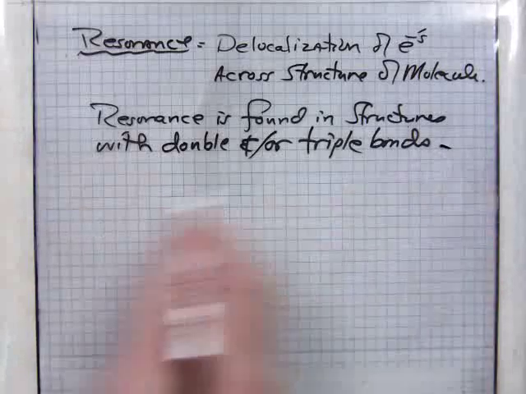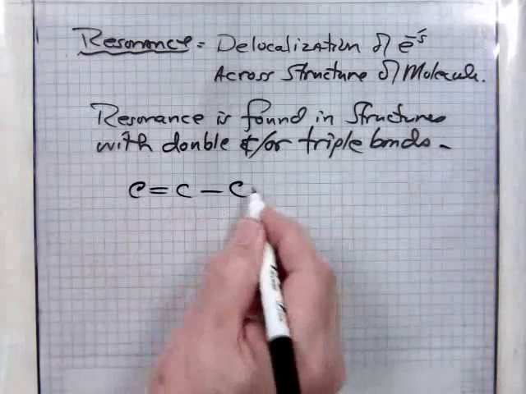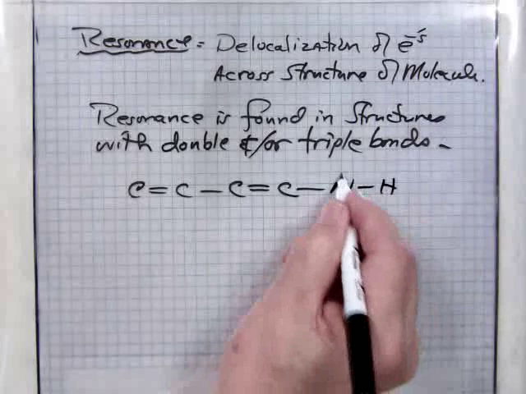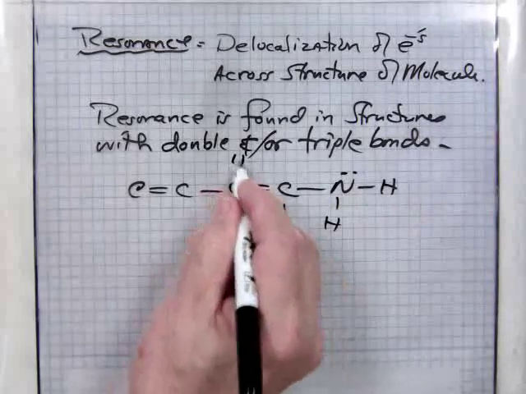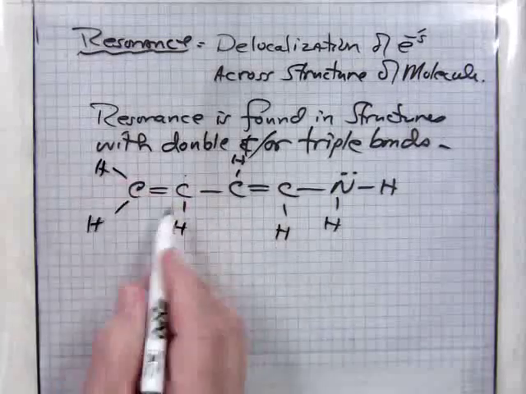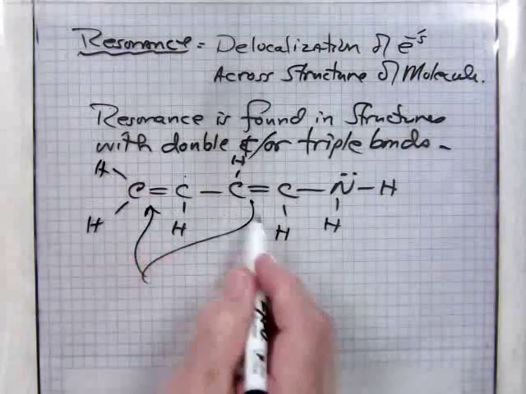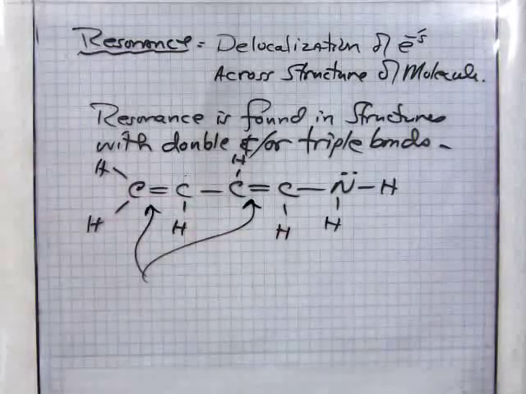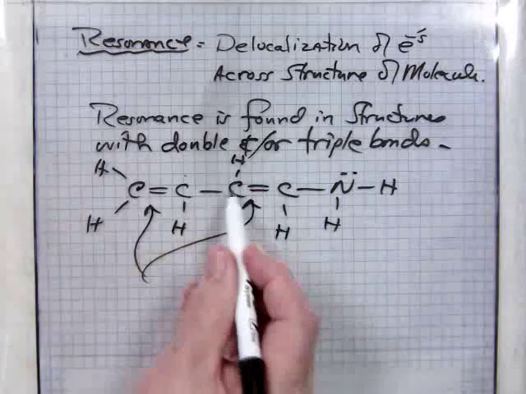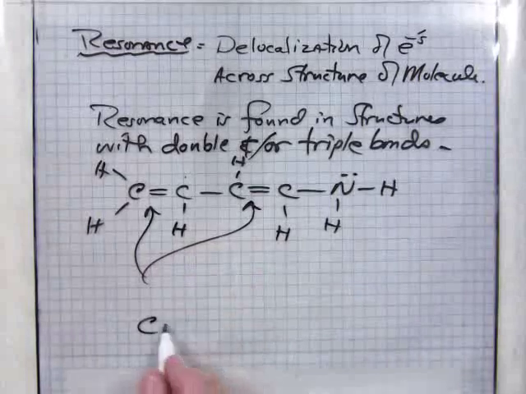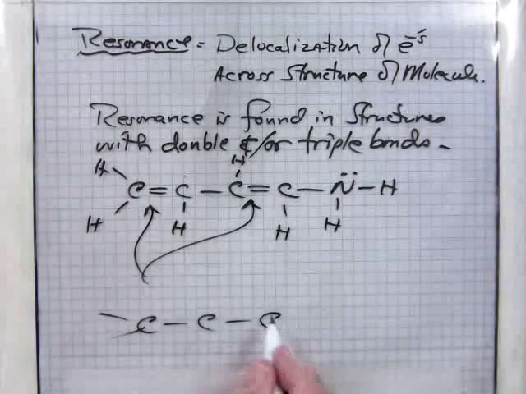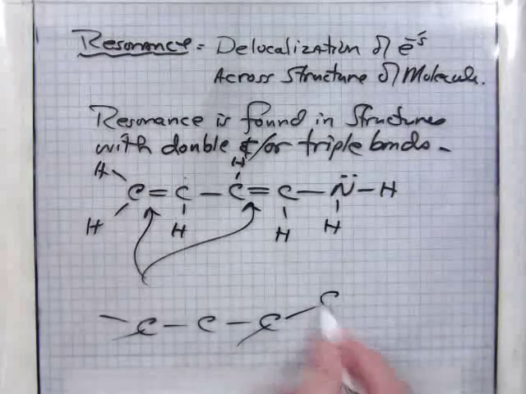But structures like this demonstrate resonance. And these double bonds, one of the bonds in the double bond is a cloud that's above and below the structure of that fragment. From a sideways point of view, you'll see this.